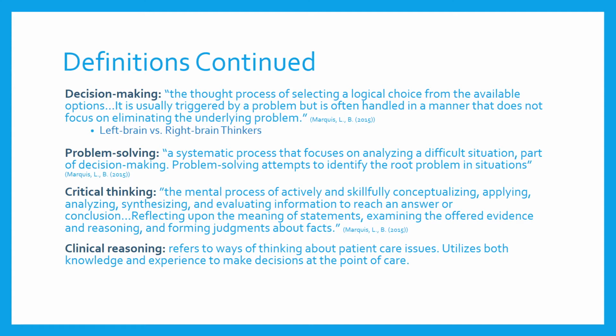Left brain thinkers are more analytical. They think in a linear pattern. So they may be better at processing language, numbers, ordering things and prioritizing things. And they're usually good at mathematics, reading, organizing, and planning as well. So that is your left brain thinker.